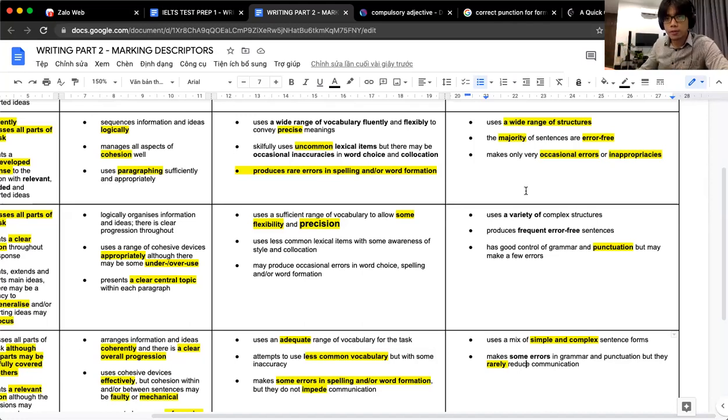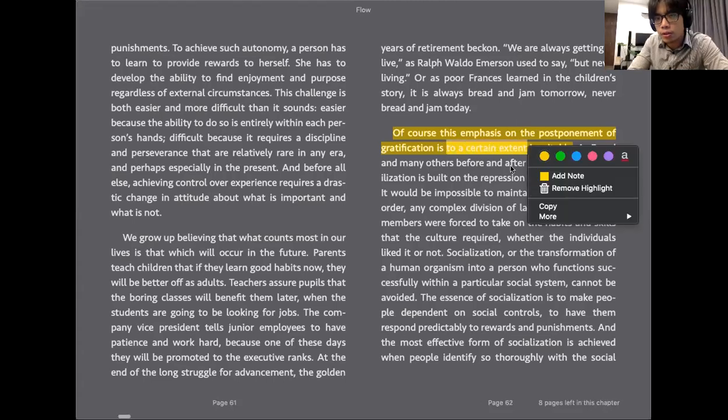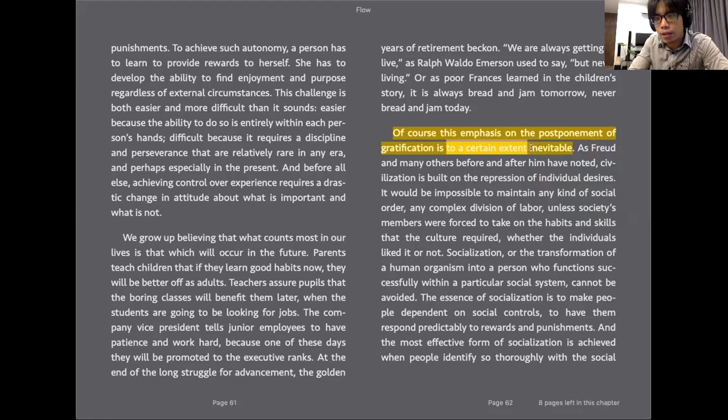And keep everything simple. And then learn some tricks as well. Learn some writing tricks, like the trick of putting 'to a certain extent' in the middle of the sentence immediately before the adjective. It is a very good way of writing. And remember, grammar is the tool of communication, not the tool of showing off your grammar knowledge.